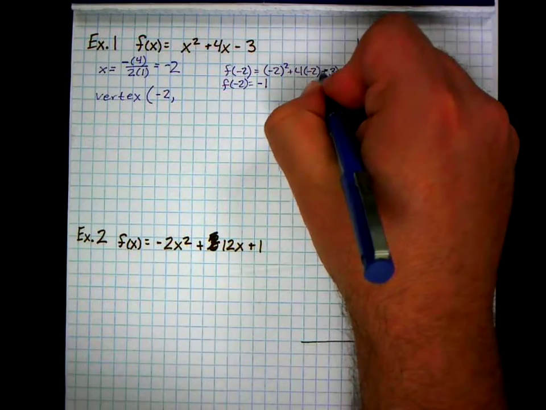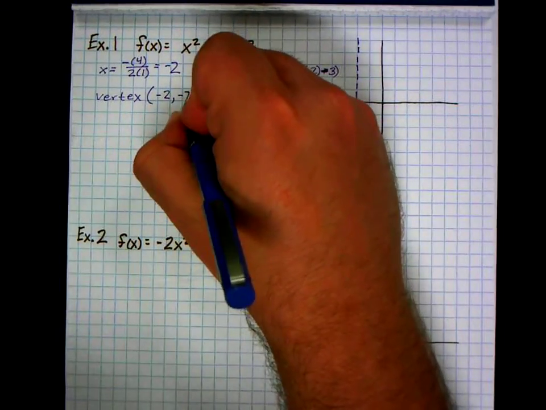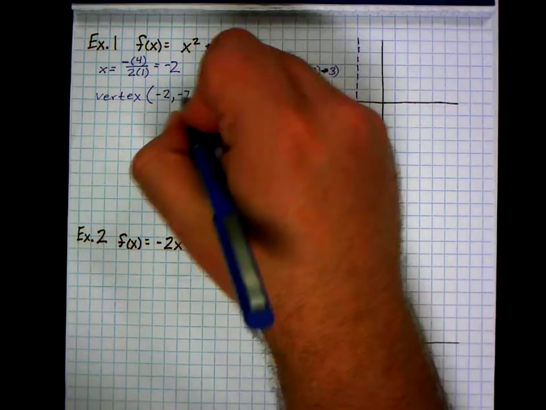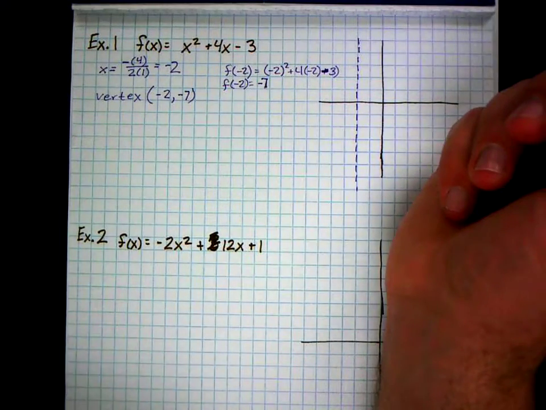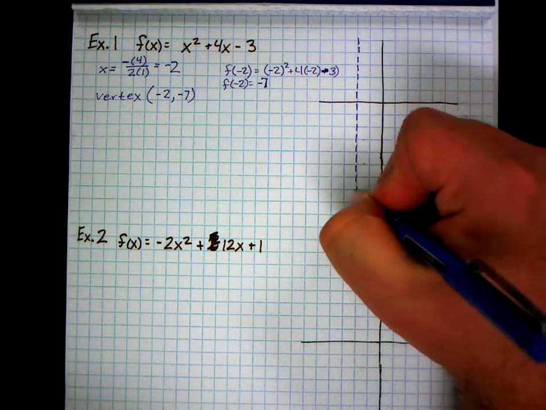Oh, minus 3. Okay, sorry, so that's negative 7. So 1, 2, 3, 4, 5, 6, 7.